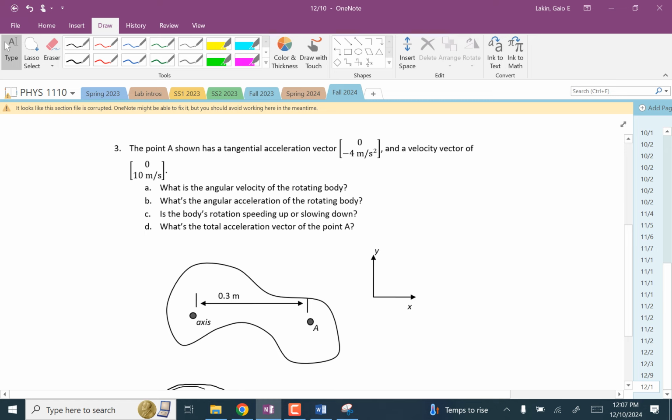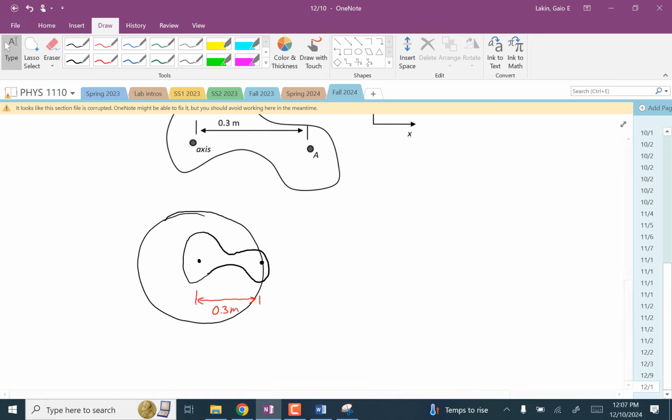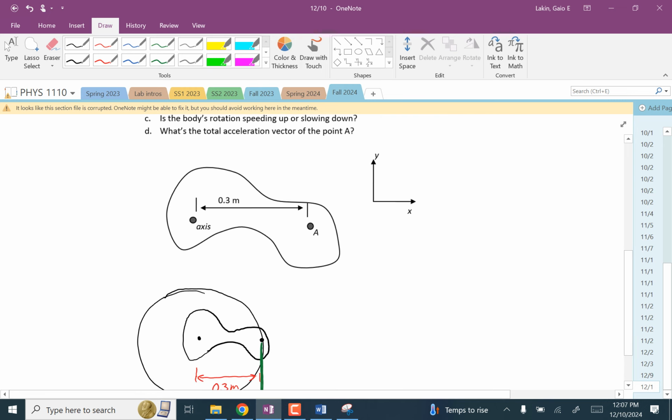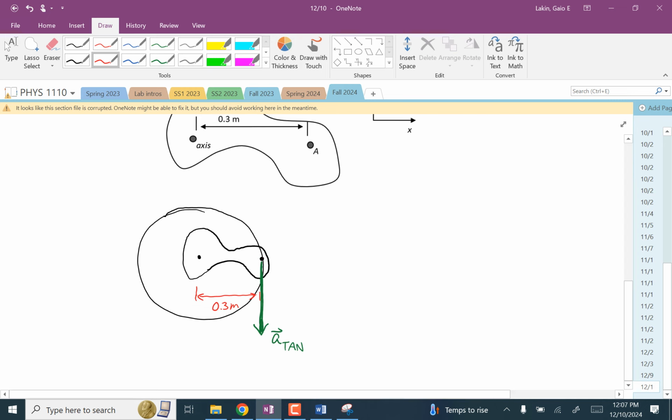And we're told that the tangential acceleration vector is 0, -4. So tangential acceleration is this way. And the velocity is 0, +10. So the velocity is this way. Anybody have any questions about that yet?